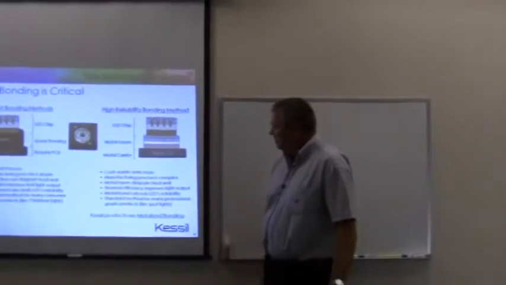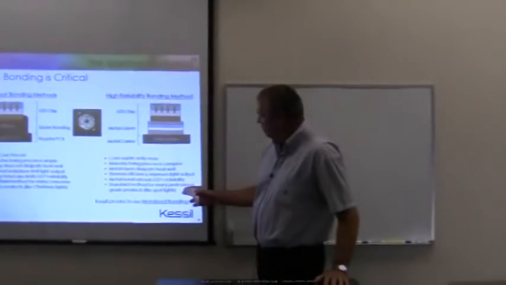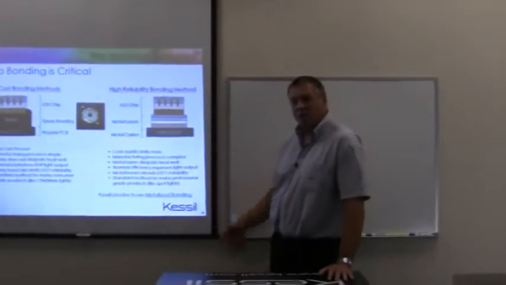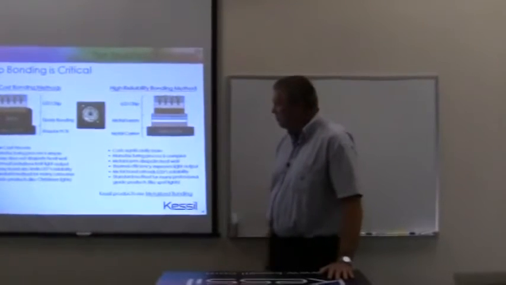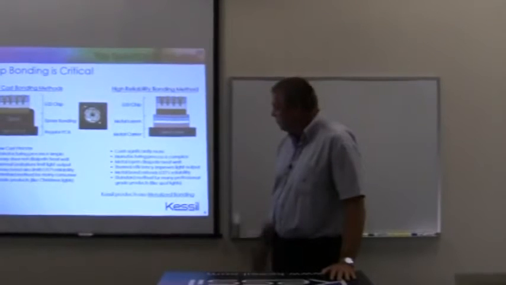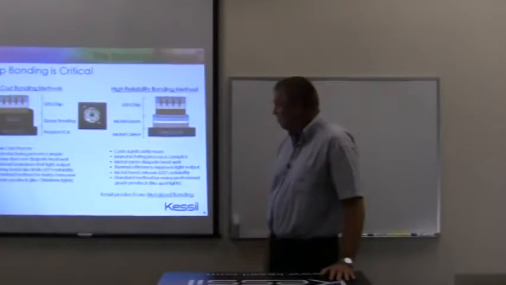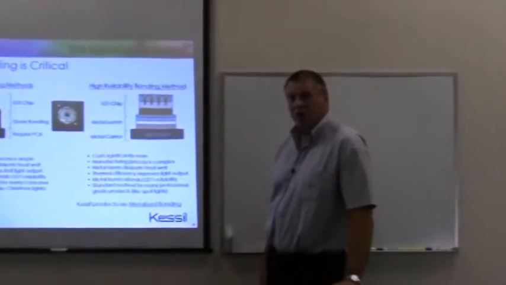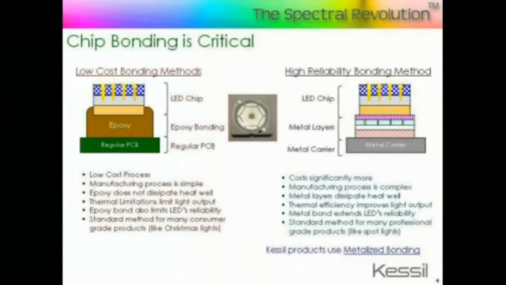This is at least a fairly typical method for professional grade products. The cost is somewhat higher, but yet the advantages in light output and thermal efficiency are tremendous. And all of Kessil's products use this metallized bonding process for high thermal efficiency.